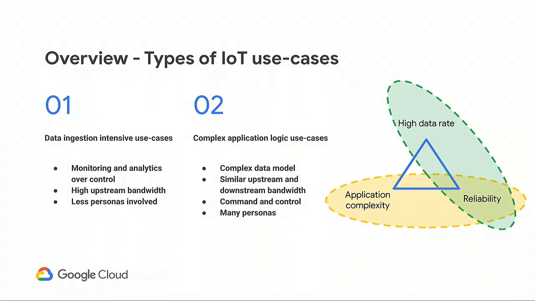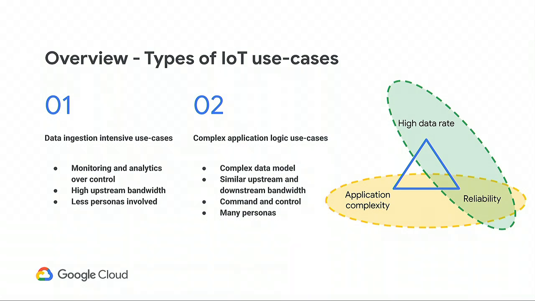In these use cases, there are many devices sending a lot of data upstream. So typically, the bandwidth requirement upstream is much higher than downstream. And usually, these are applications for monitoring or analytics. And I mentioned that users will be an important part of our talk. In these use cases, usually there are fewer personas involved.